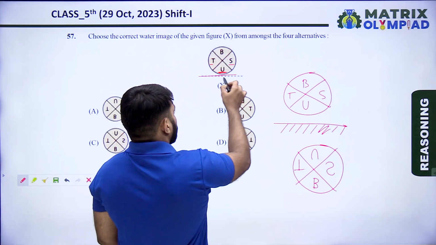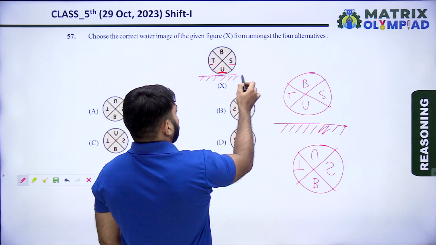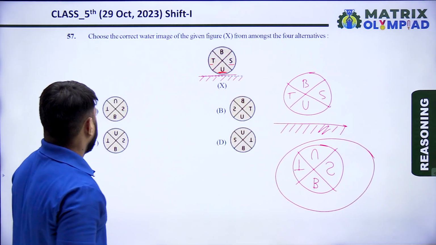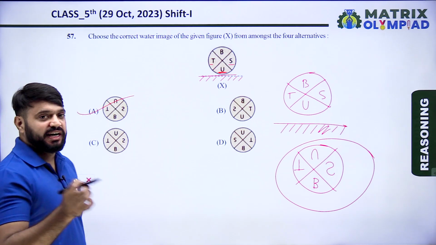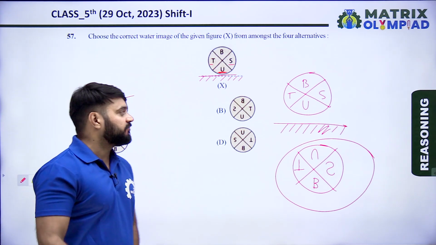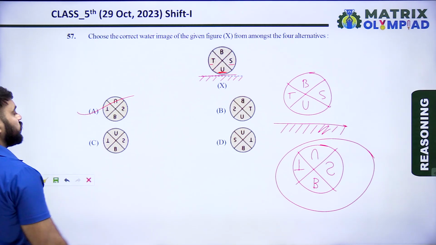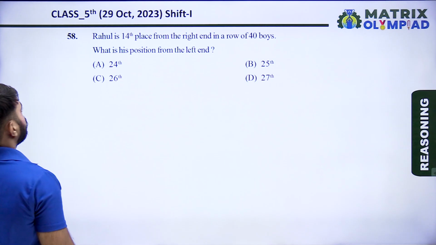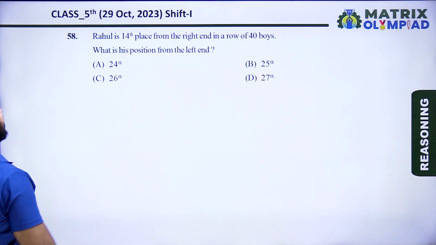So the water image of the given figure looks like as follows. So option A is the correct water image of the given figure. So the right answer is option A. So let's move on to the next question. So next question is question number 58.